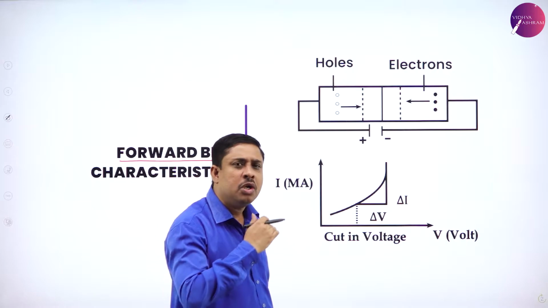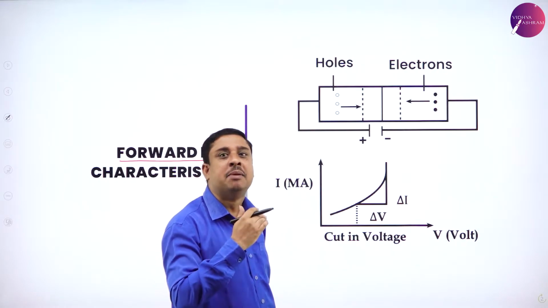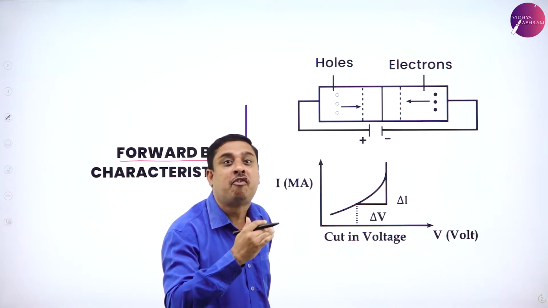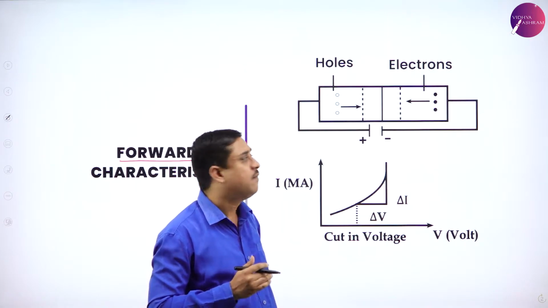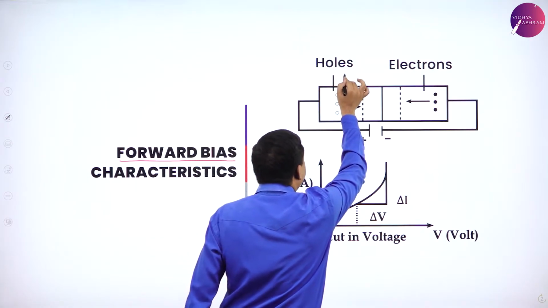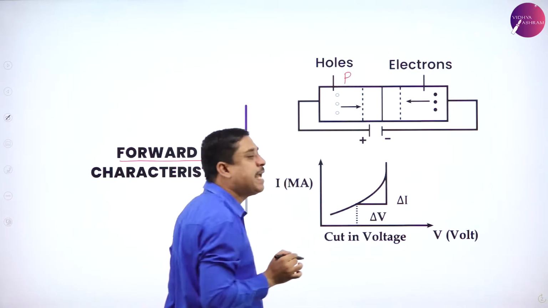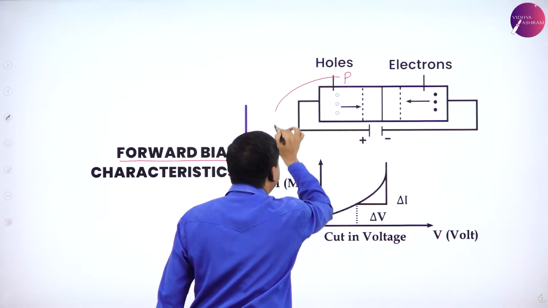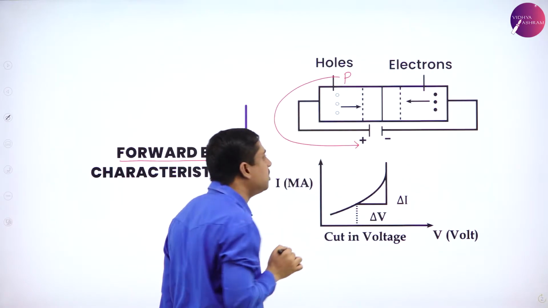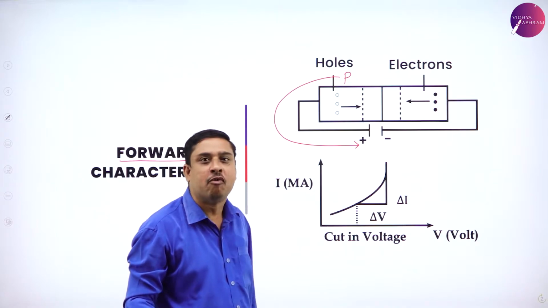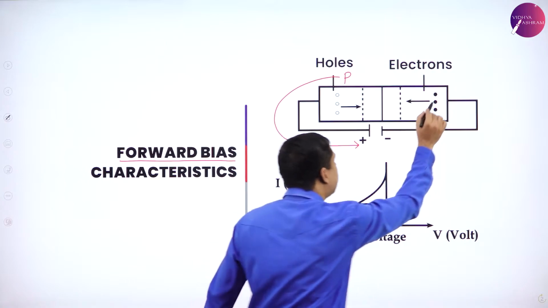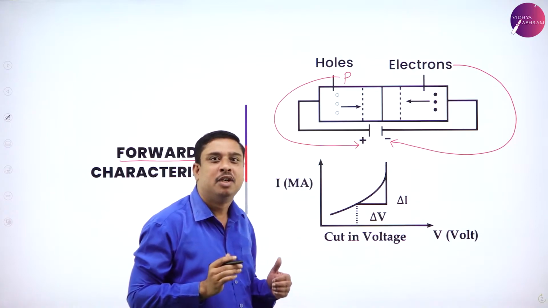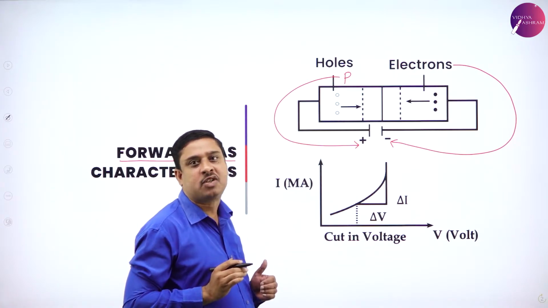Now, to recall the meaning of forward bias: if the p-type semiconductor is connected to the positive of the battery and the n-type is connected to the negative of the battery.